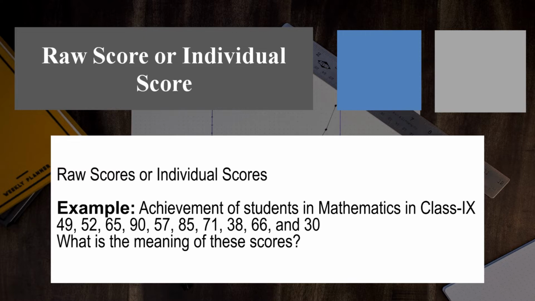You can say that if the score starts from 0, it means 0 plus 49, or in descending order, if you start from 100, then 100 minus 51 is 49. So friends, to understand about raw score, we can say that raw score has very limited meaning or no meaning at all.